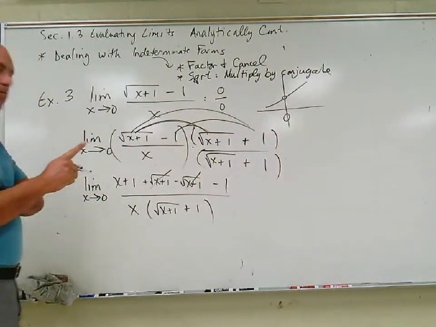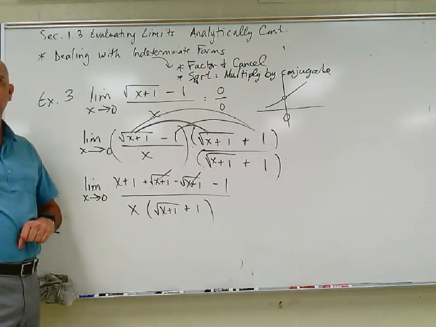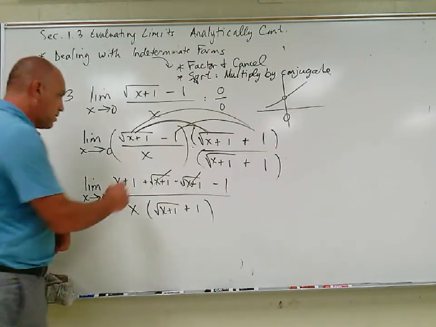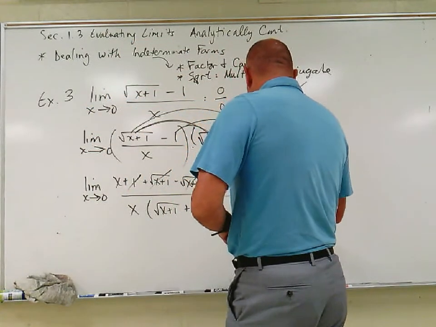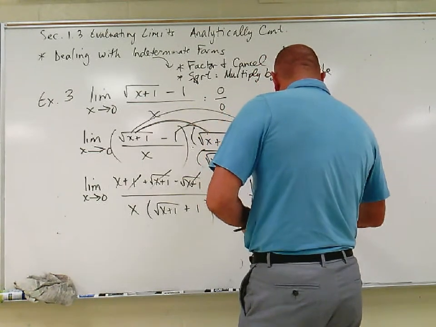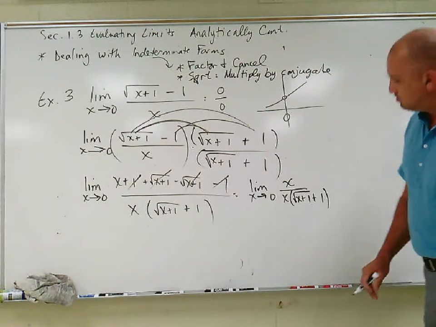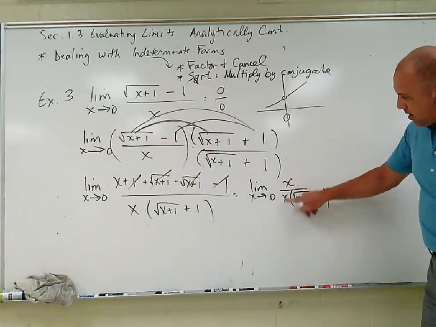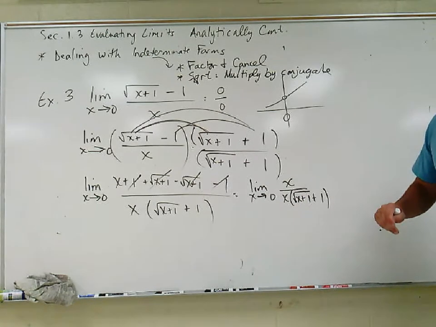So now, after I cancel that outer and inner, what cancels on the top? What additionally? 1 and -1. And so now you're left with the limit as x approaches 0 of x over x times square root of x plus 1 plus 1. So you still have 0 over 0. So now what does this free you up to cancel?